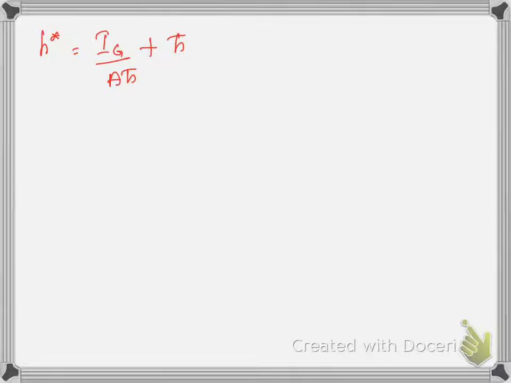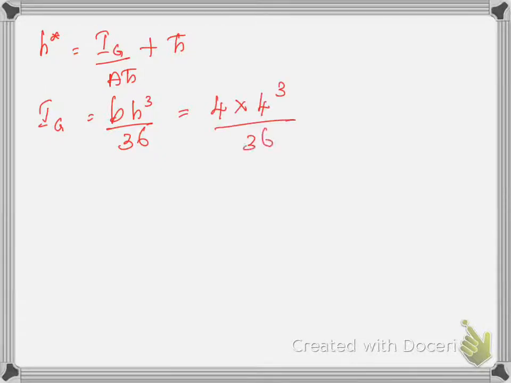So the formula for a triangular section, Ig will be equal to B H cube by 36. So B is 4, H is also 4, which is equal to 7.11 meter power 4. Unit for moment of inertia is meter power 4.